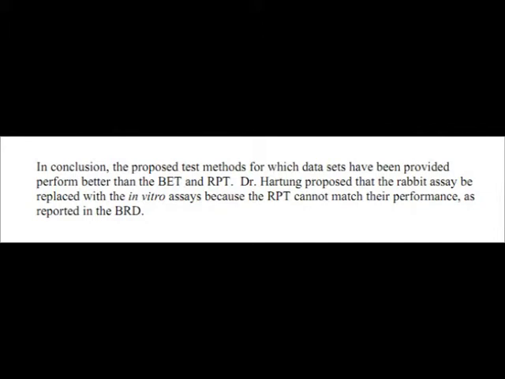It goes on, Dr. Hartung proposed that the rabbit assay be replaced with the in vitro assays because the rabbit test cannot match their performance as reported in the background review document. The background review document is probably the document that was handed to the Americans from the European Centre for the Validation of Alternative Methods.